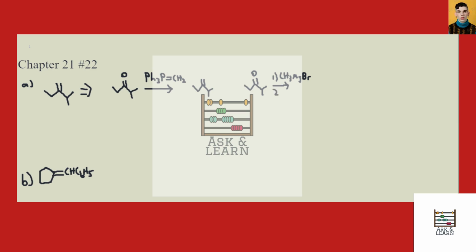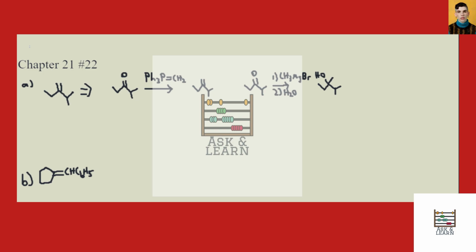And then, of course, the workup for that is water or acid. And so what that's going to give us is this, where we have the alcohol as sort of the residue of the ketone, and we've also added our methyl group.